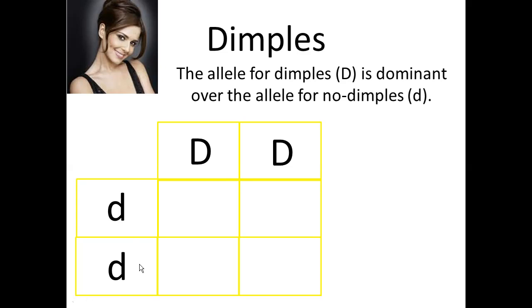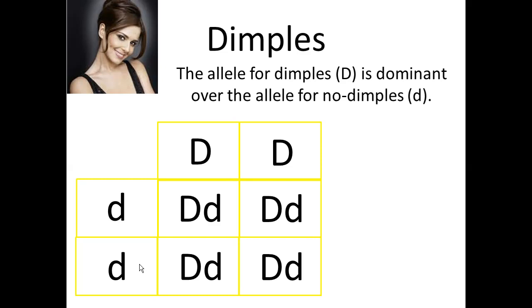So when you cross the gametes, all the squares will have at least one dominant allele.